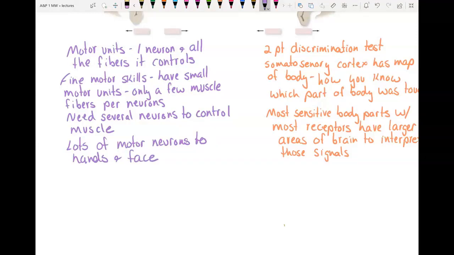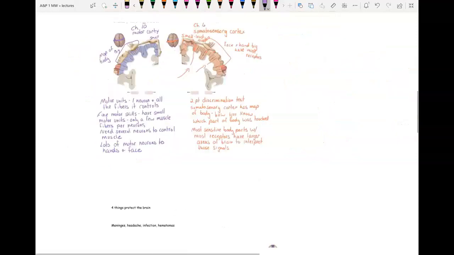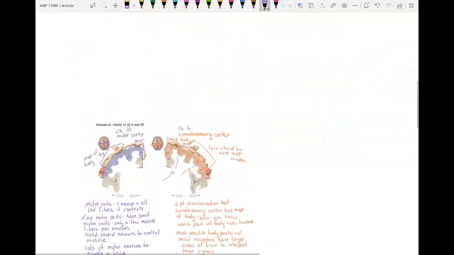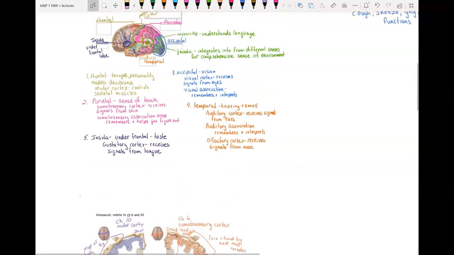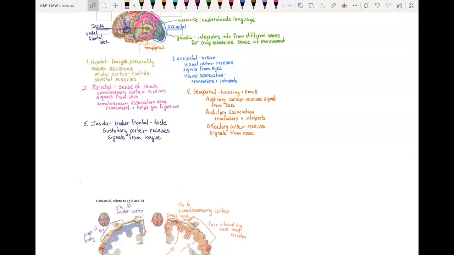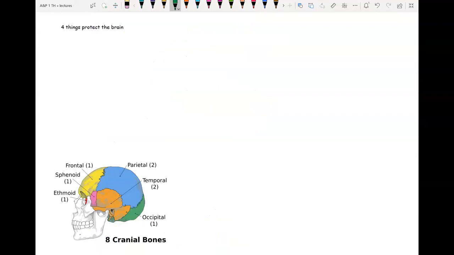All right, so there is more detail of your cerebrum, the lobes of the cerebrum, and some more information about that motor cortex and somatosensory cortex. Your brain is one of the more delicate parts of your body, and it needs to be protected. So the brain is very soft, and it's subject to physical injury.